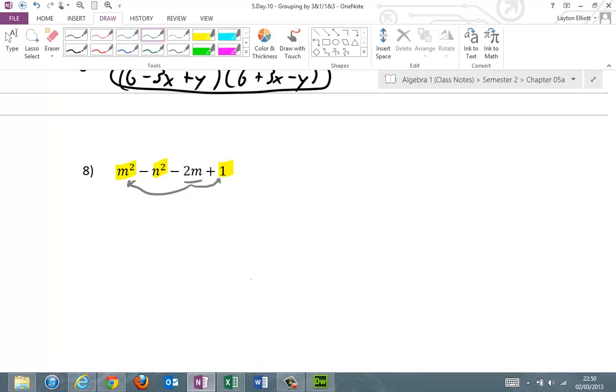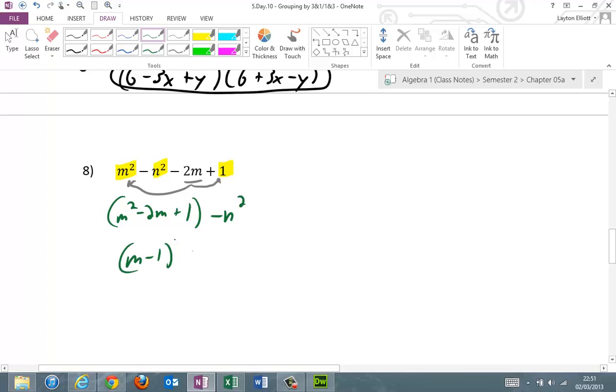What order should we shuffle these into? The one that's off by itself is the n squared, and it has a minus in front of it. So that's going to come off to the right. And then I have an m squared minus 2m plus 1. Parentheses around that, and factor that part as an m minus 1 quantity squared, and then minus an n squared.